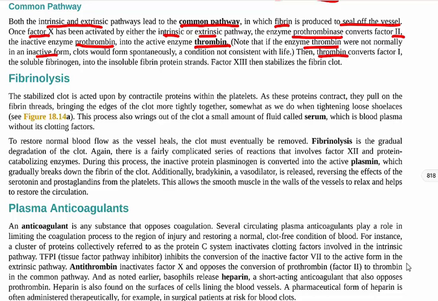So then thrombin is going to convert factor 1, fibrinogen, into fibrin. Okay? Then factor 13 stabilizes the fibrin clot. So again, thrombokinase is activated by the intrinsic and extrinsic pathway.